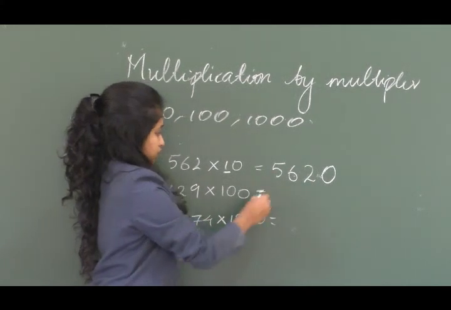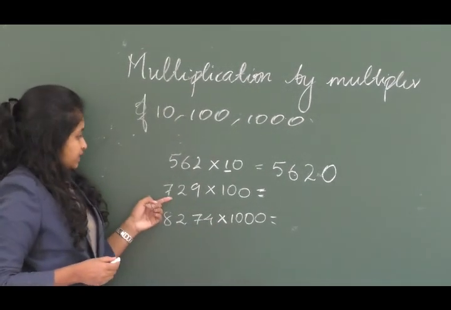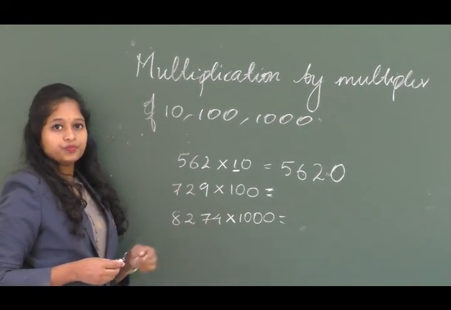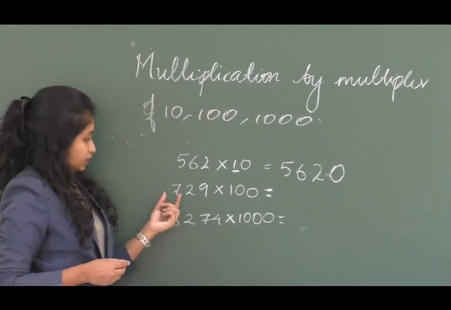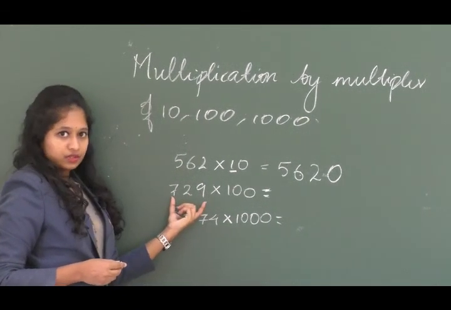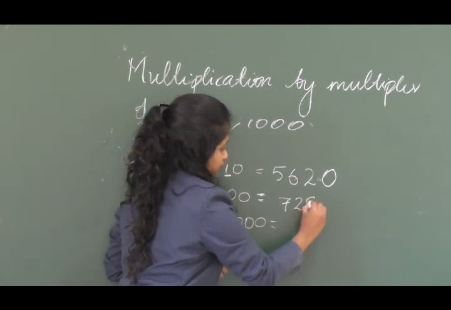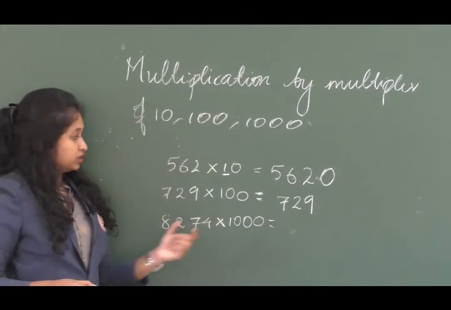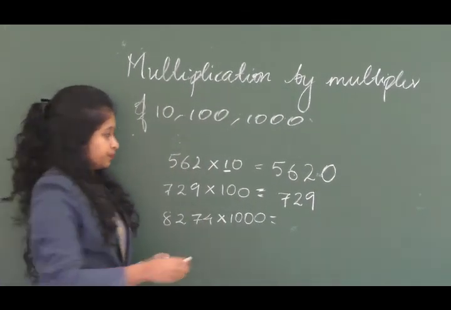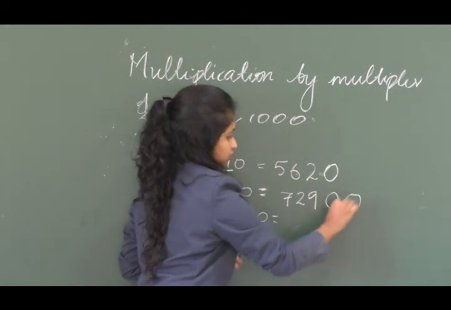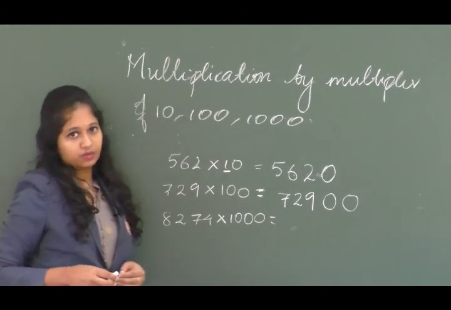Now, another question, 729 into 100. Multiply this number with 1. We get 729. Count the number of zeros and insert those after the number.